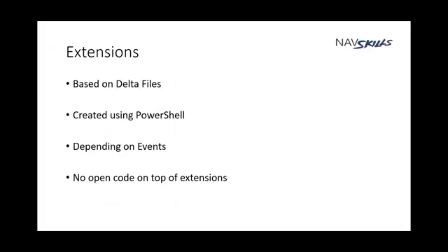It's based on the Delta files. It's created using PowerShell, but it's also depending on events, because the one thing that we cannot do with extensions is that we cannot add any code or business logic to existing NAV applications. So I can only subscribe to events. I can create a new codeunit, and in that codeunit I can subscribe to an event and run business logic.